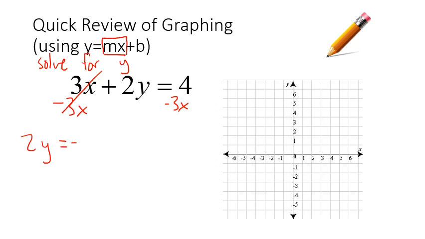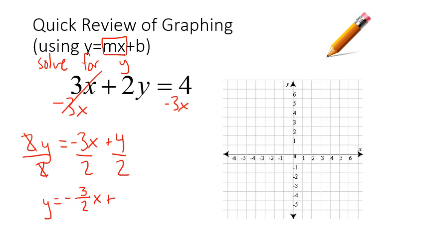So I'm going to write my x stuff first, followed by my constants. The last step to solve for y is to divide out the 2 everywhere. So y equals, let's state my slope as a single value, negative 3 halves x plus 2. 4 divided by 2 is 2.